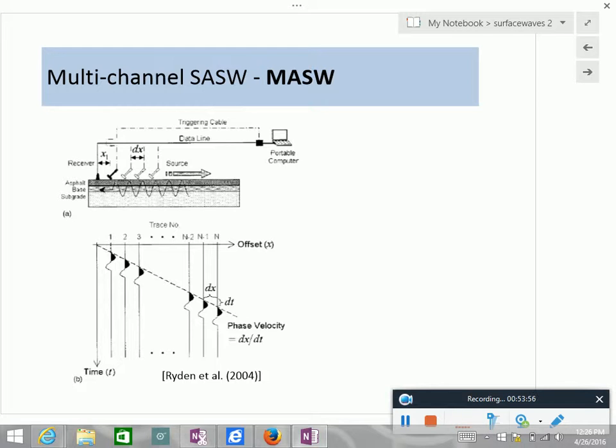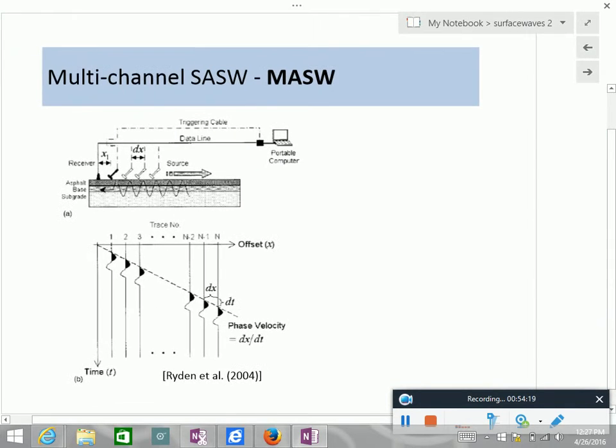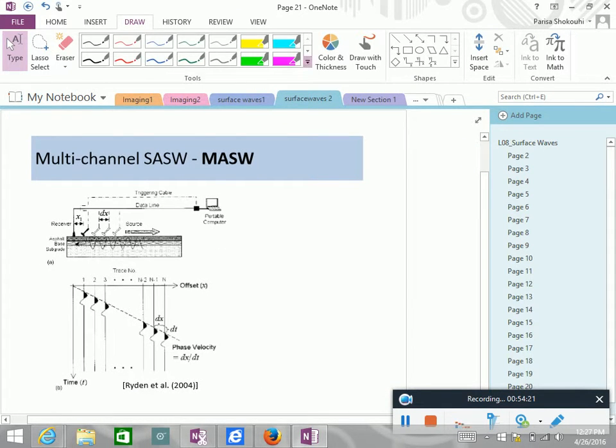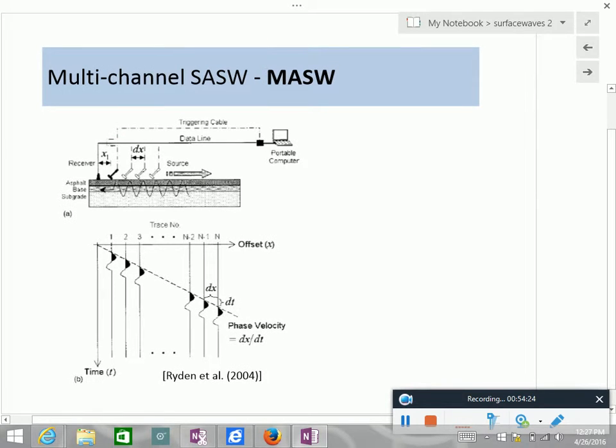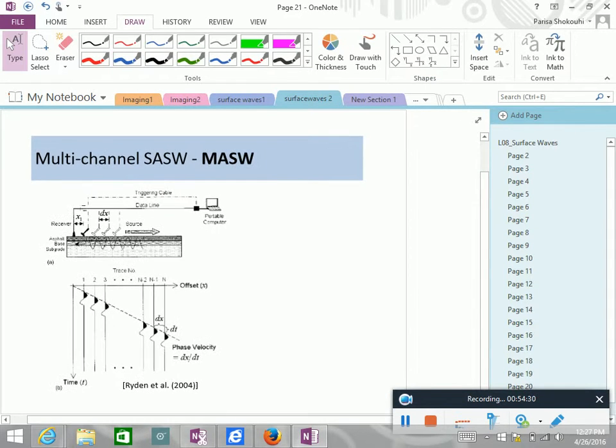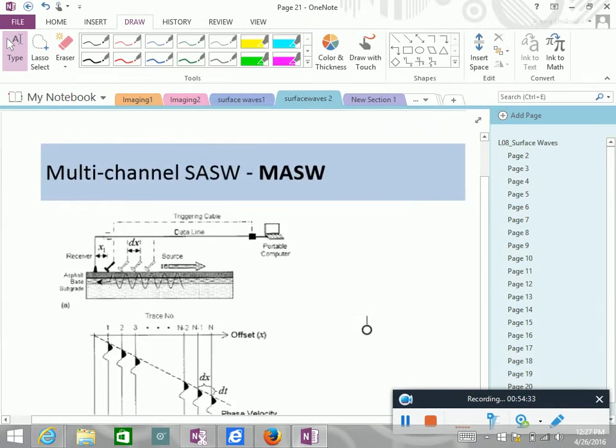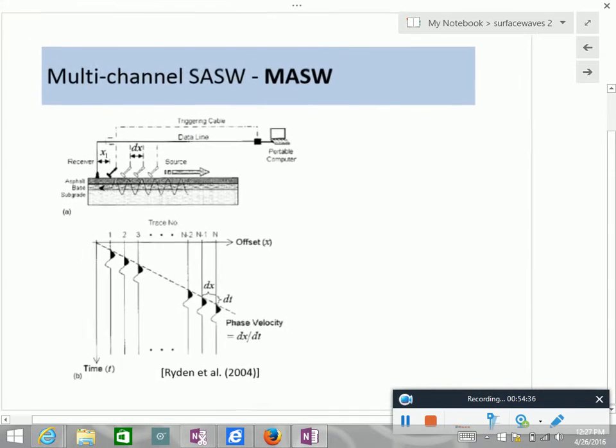One way is to have a large number of receivers at once. The other way is to have just one pair of receiver and source, and then you move the source. It's the same thing, right? So the way to do it, very casually, is when you have the data like you have here, instead of doing a one-dimensional FFT, you do a two-dimensional FFT.